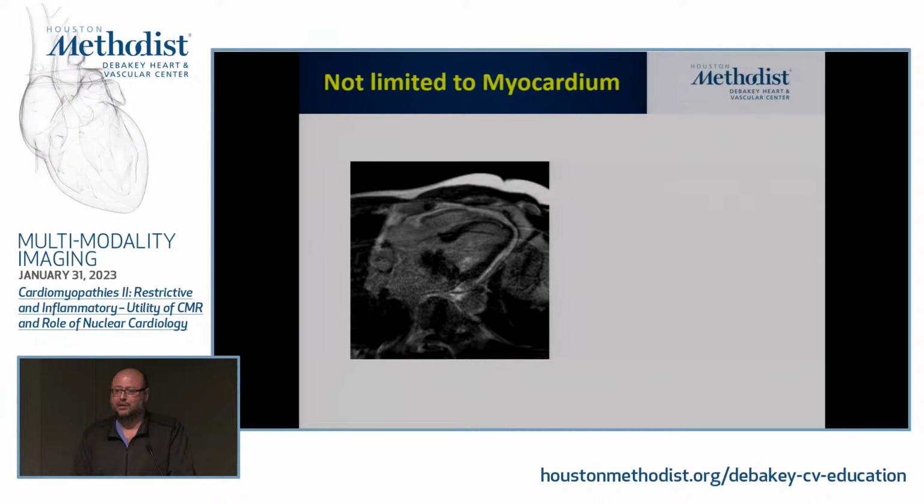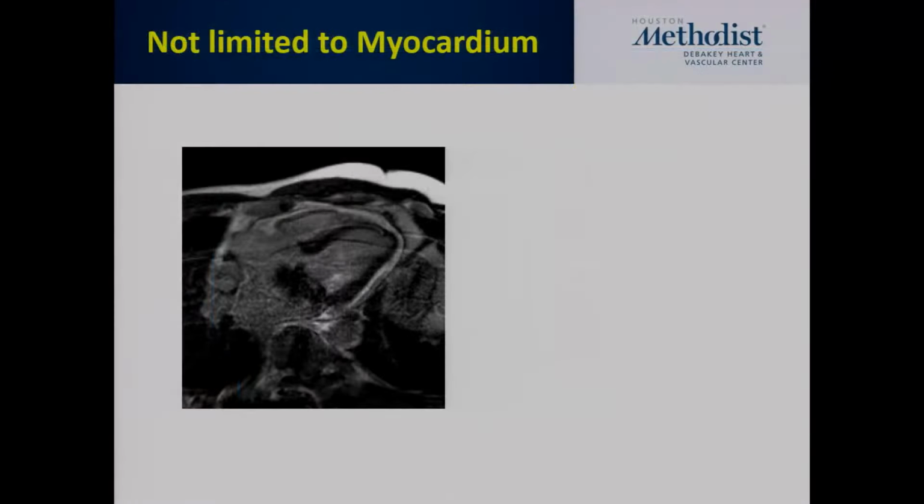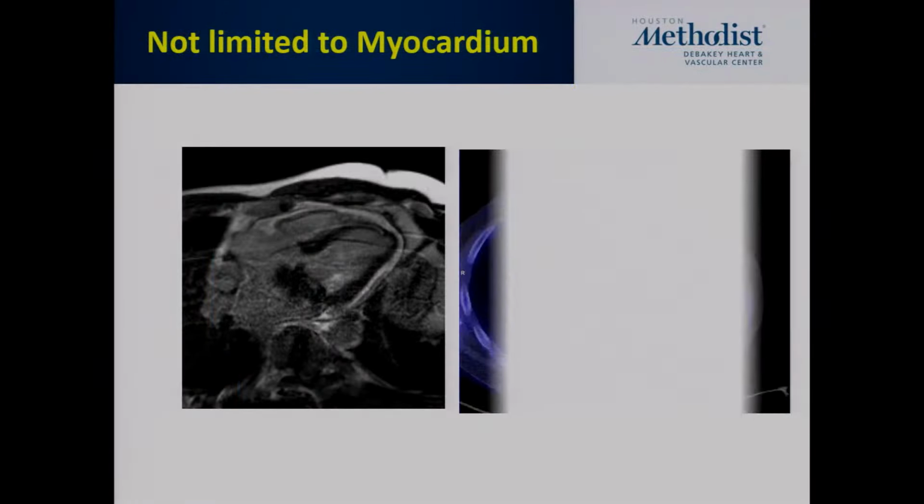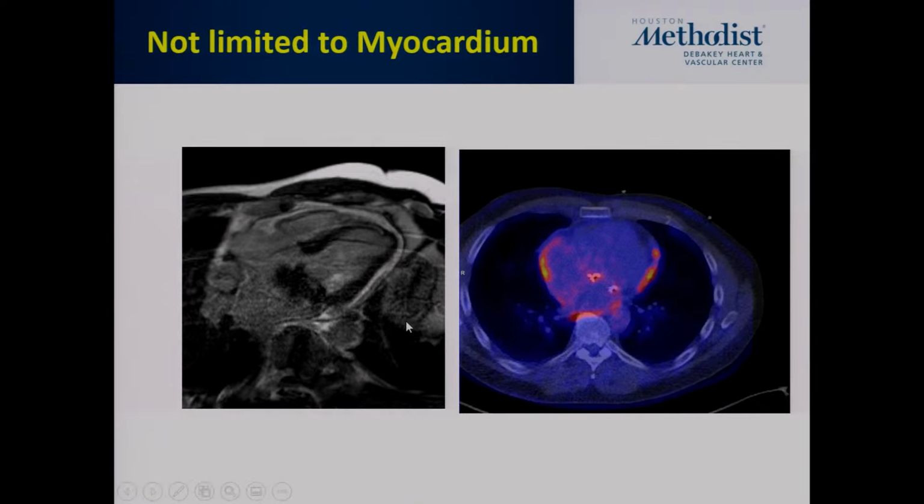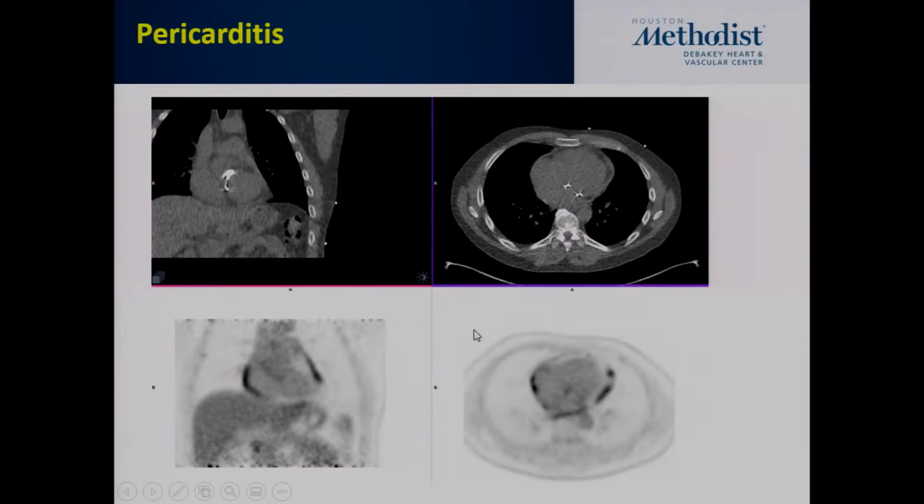Again, this is not limited to myocardium because FDG is very nonspecific. This is a case, for example, with pericarditis. We were looking for myocardium, and we see this uptake in the pericardium. You can see it here also. This is the CT, and you can see there is thickened pericardium on the CT and significant FDG uptake in that territory.